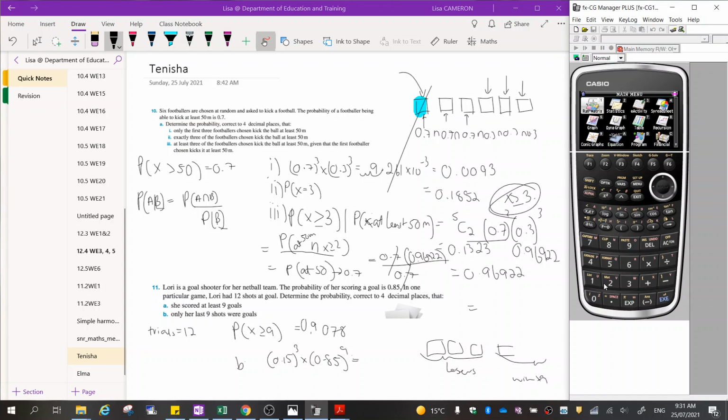0.15 to the power of 3 times 0.85 to the power of 9. Yeesh, that's an ugly number.